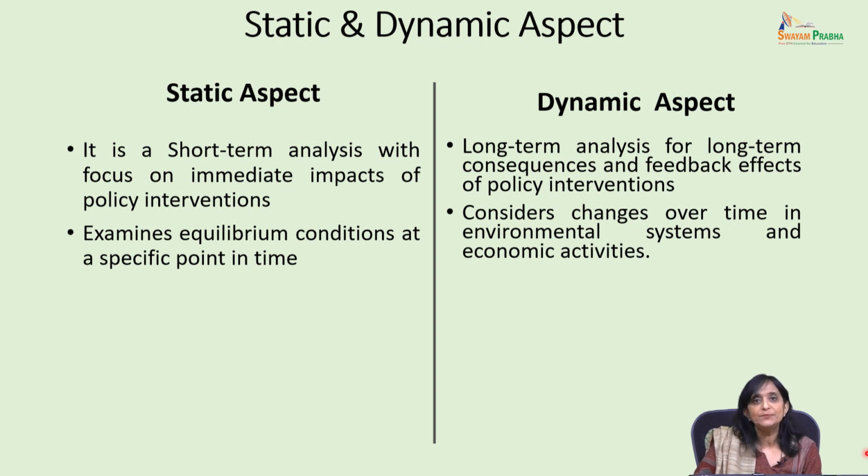For example, when we say that the world is now becoming hotter, or we are seeing a lot of climate change happening, or we see that groundwater depletion is taking place over a longer period of time, it is a dynamic aspect.